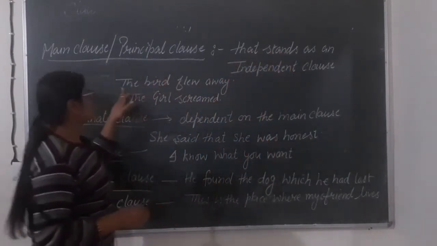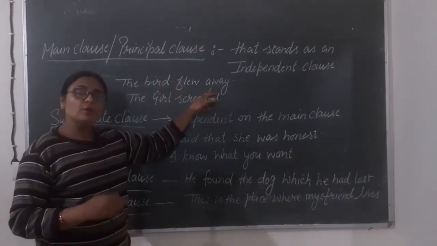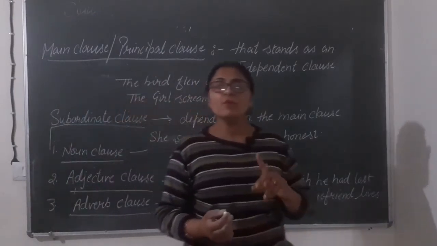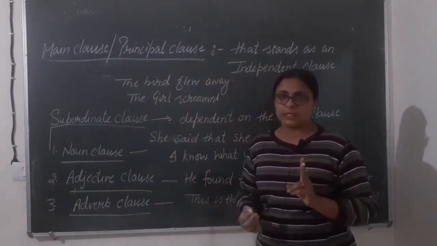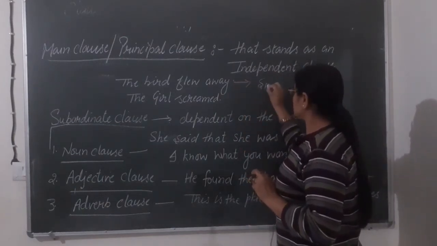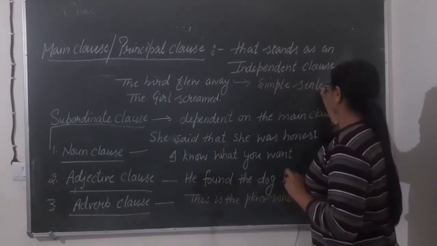How? Two examples I have taken here. The bird flew away. Why is it called an independent clause? Because it has one subject and one predicate. Right? That's why it is also called a simple sentence.